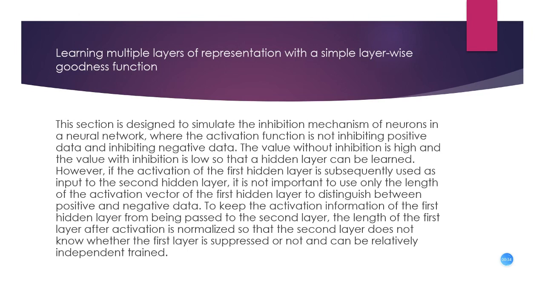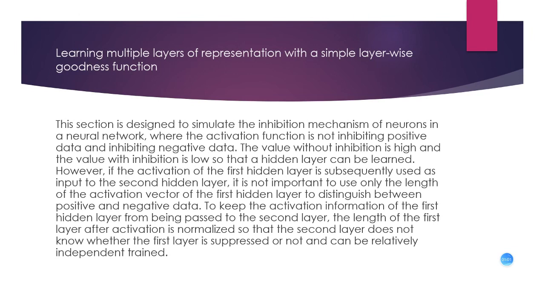However, if the activation of the first hidden layer is subsequently used as input to the second hidden layer, it is not good to use only the length of the activation vector of the first hidden layer to distinguish between positive and negative data.